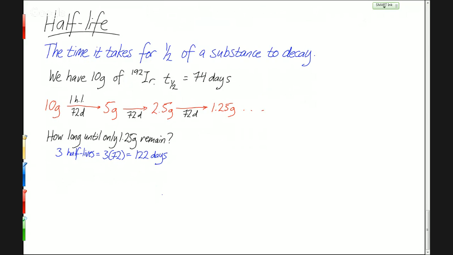So let's say we have some radioactive sample and its radioactivity is 8 times 10 to the 4th becquerels. That's the radioactivity. That's how many particles are coming off of this thing each second.